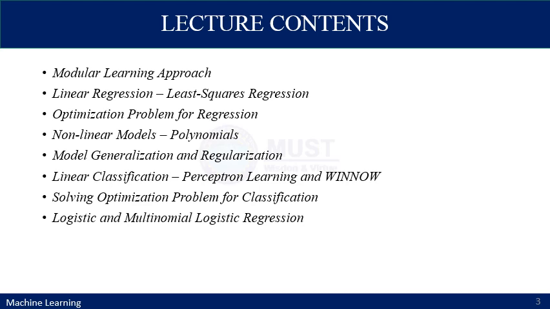We will also employ some techniques for solving optimization problems in classification, and some of the models are logistic and multinomial logistic regression techniques, which are quite frequently used in classification models.